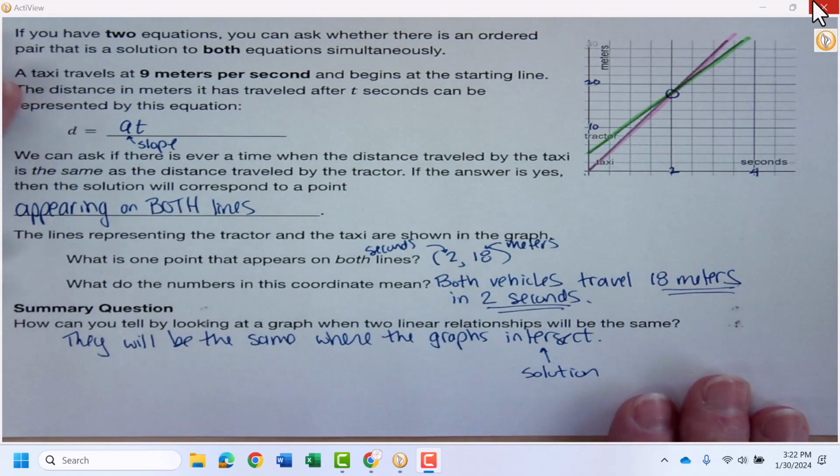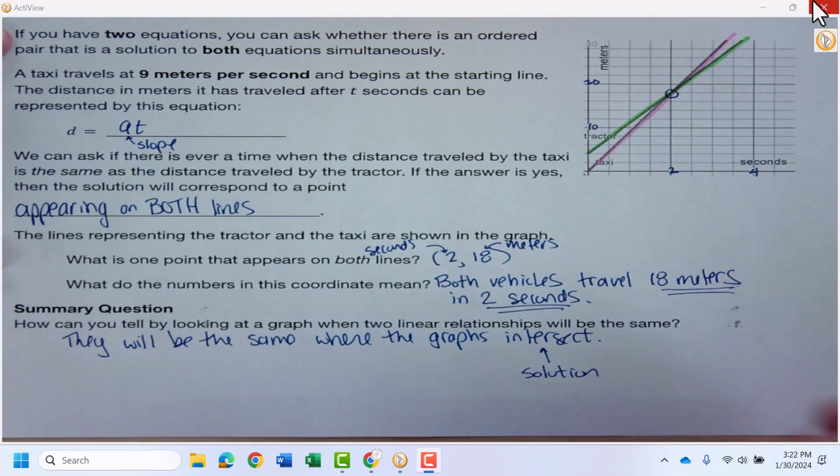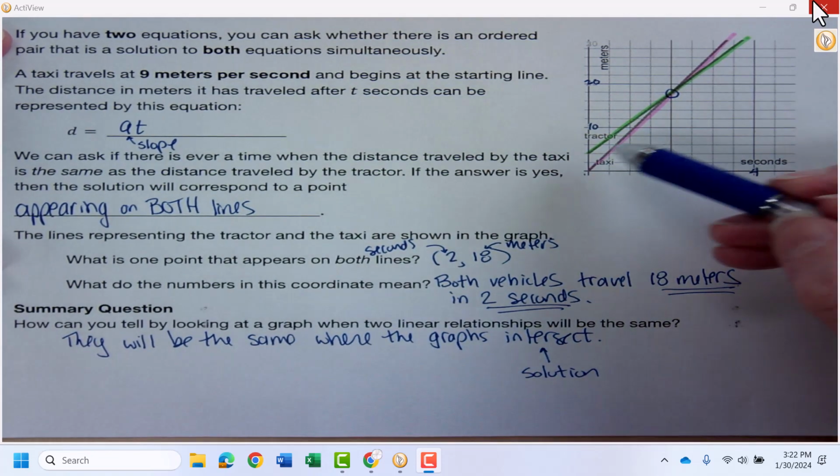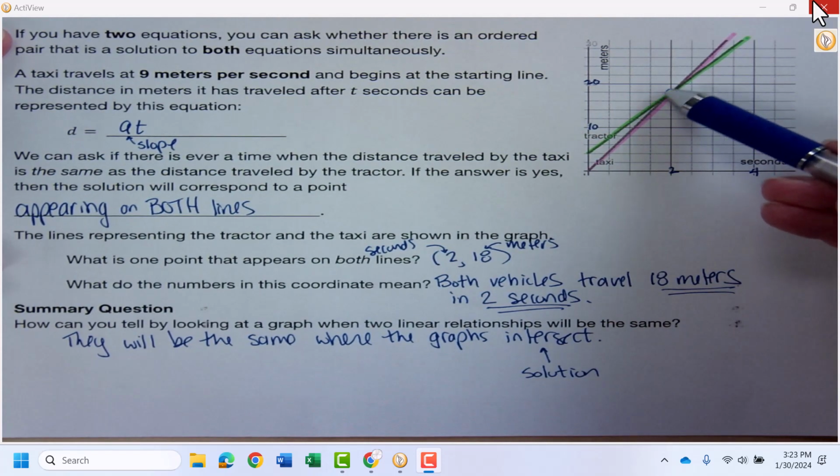There's no homework associated with this lesson. We just wanted to make sure that you understood that when you're looking at a graph, a solution is a point on the line, and if you have two different lines, the solution to a system of two different lines is the point where they intersect.